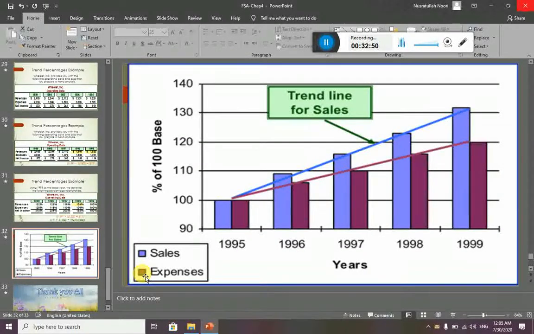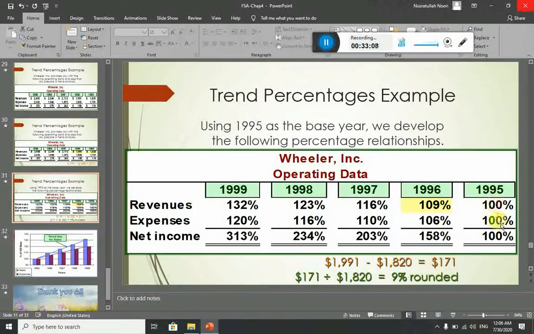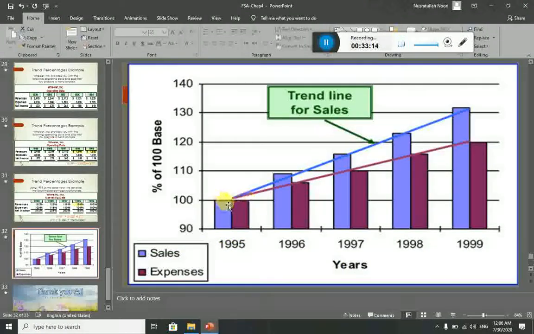You can see in 1995, both expenses and revenues are equal, because they are indexed to 100%, right? Here we can see expenses 100 and revenues 100. That's why both of them are on the 100.